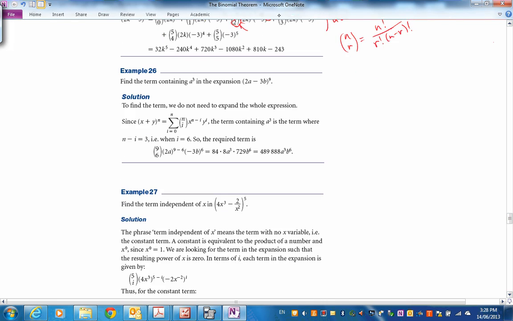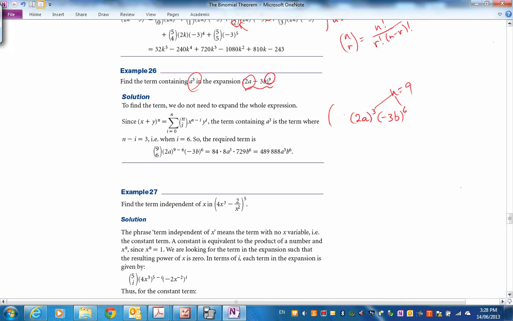Find the term containing a cubed in this expansion. Well, a cubed is going to be what? Well, if this is cubed, and they're explaining it over here, let's do it a slightly different way. If this is cubed, then for neg3b, the sum of the powers must be 9, mustn't it? It has to be to the 6th. Remember, these powers always sum to n, which is 9 here.